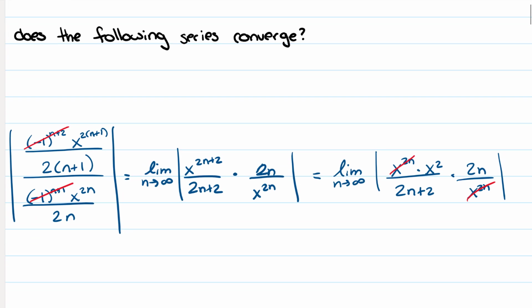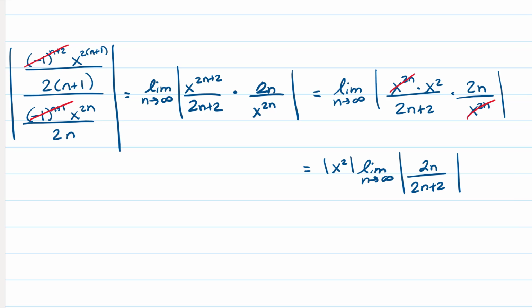And what I'm going to do next is bring that x squared outside of the limit because the limit is only involving n. So this becomes the limit as n goes to infinity of 2n divided by 2n plus 2. And we know from our n behavior models that that's going to go to 1.